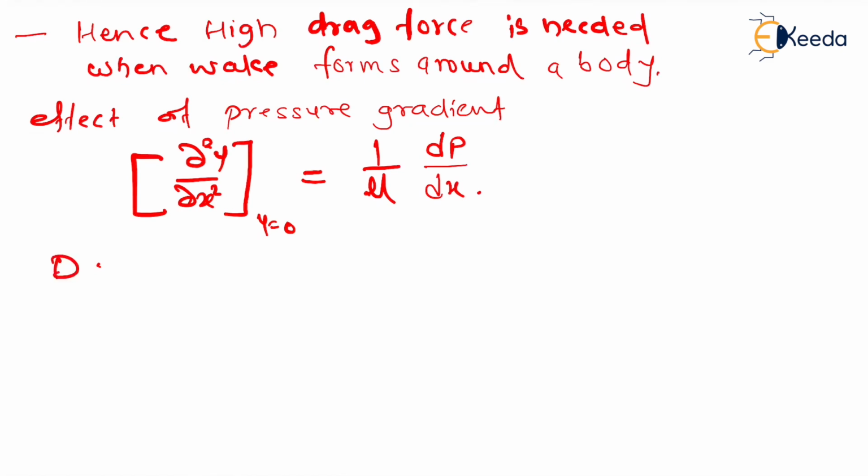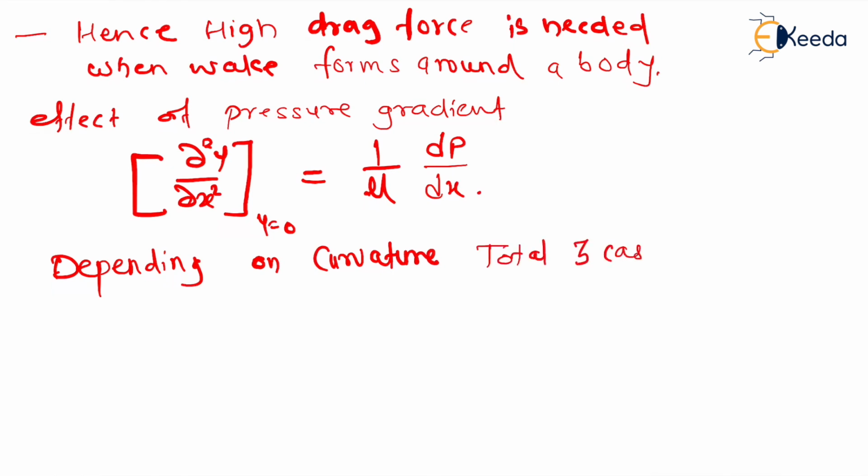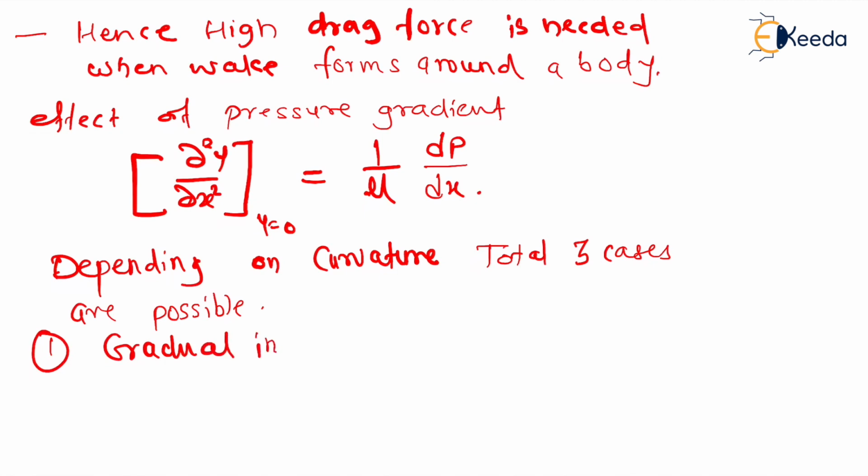So, depending on curvature, total 3 cases are possible, out of which first case is gradual increase in velocity and drop in pressure.